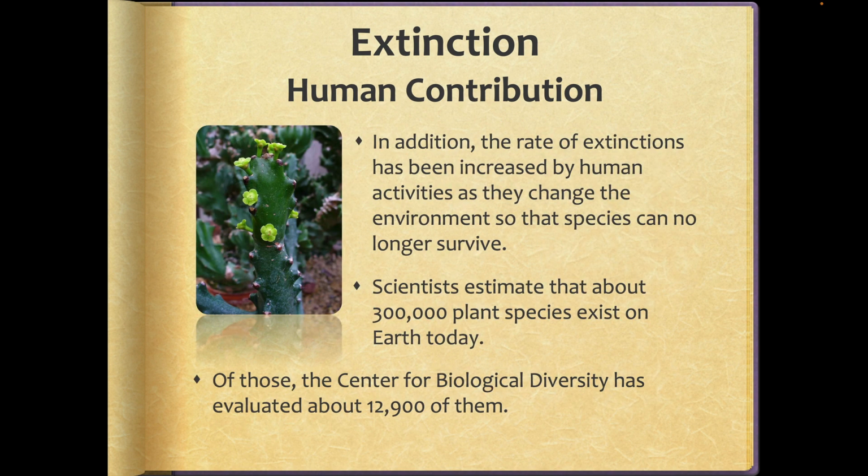In addition, the rate of extinctions has been increased by human activities as they change the environment so that species can no longer survive. Scientists estimate that about 300,000 plant species exist on Earth today. The Center for Biological Diversity has evaluated about 12,900 of them.